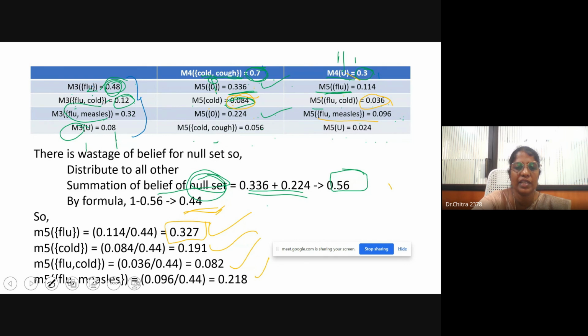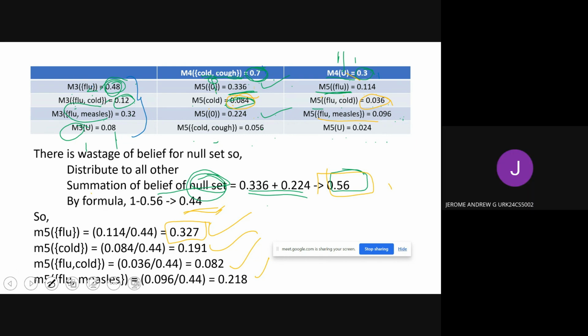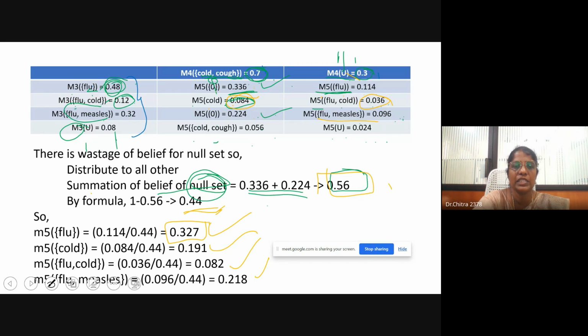In the flu case where there is sneezing, the value is 0.56. 0.56 is above 50%. If the belief is above 50%, then we can take that new factor, sneezing. By adding sneezing, the combination of cold, cough, and flu is also possible. That's the conclusion.